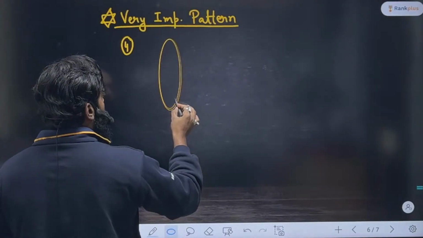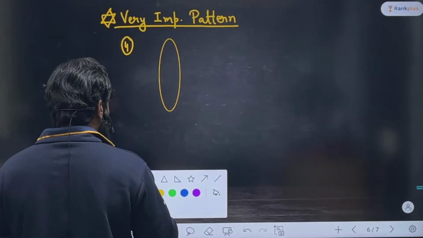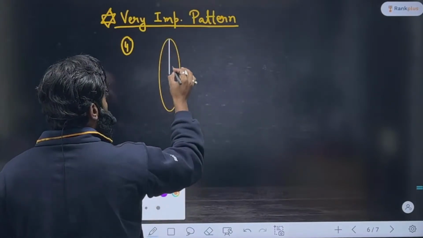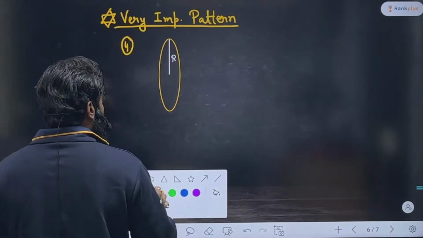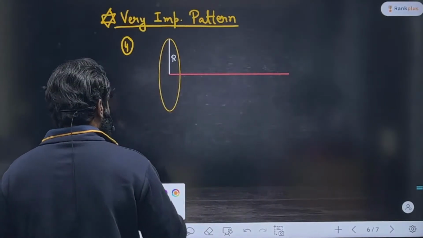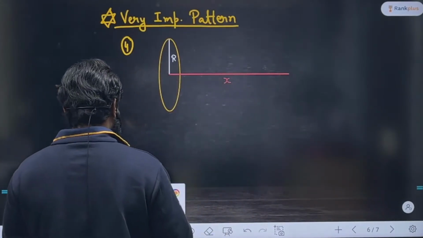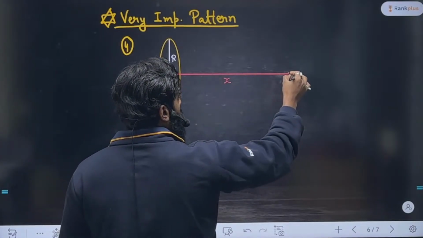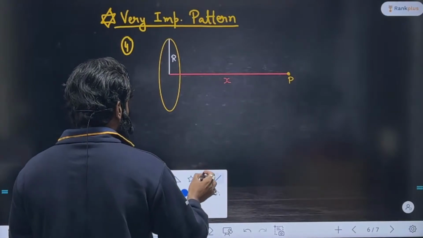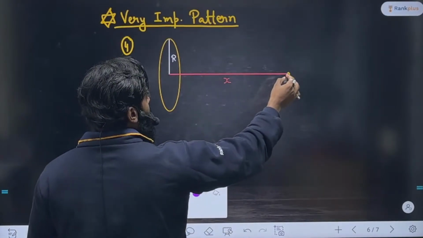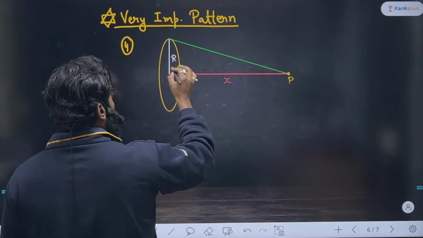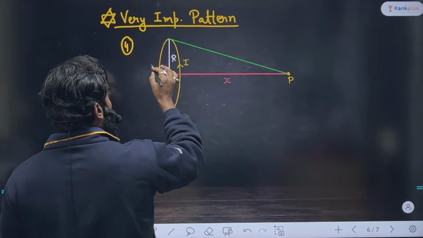Assume that there is a circular loop of radius r, at a distance x from this. At this point P, you have to calculate the magnetic field. What is the value of the magnetic field? There we are having a current going I.